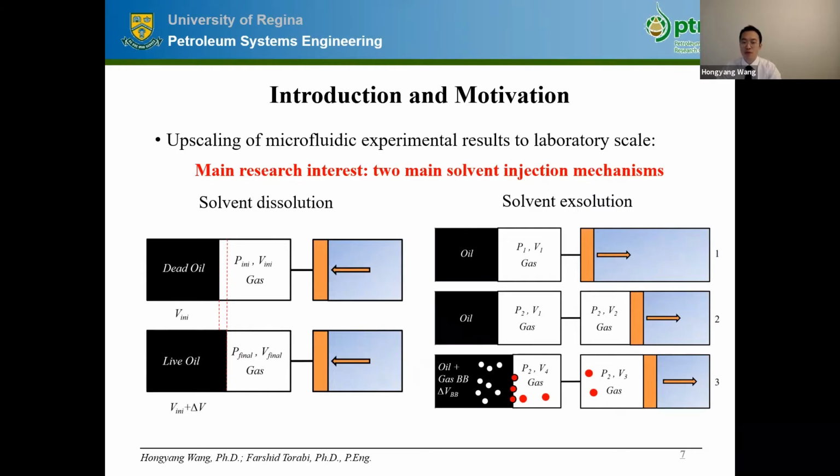And solvent exsolution mainly operates as pressure depletion at specified rates and steps under various temperatures. These are the two schematics of dissolution and exsolution. And foamy oil mainly occurs in the solvent exsolution processes. And that is also our main interest.